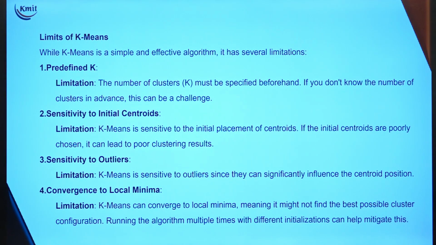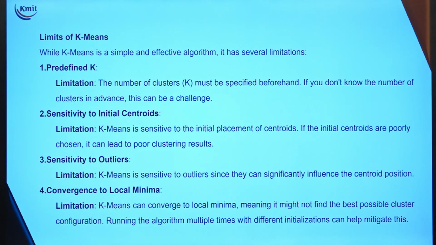And convergence to local minima: k-means can converge to local minima, meaning that it might not find the best possible cluster configuration once the algorithm is run. So you have to run the algorithm multiple times with different initializations, different centroid locations, and then try to find good results. This is all about the limitations of k-means.